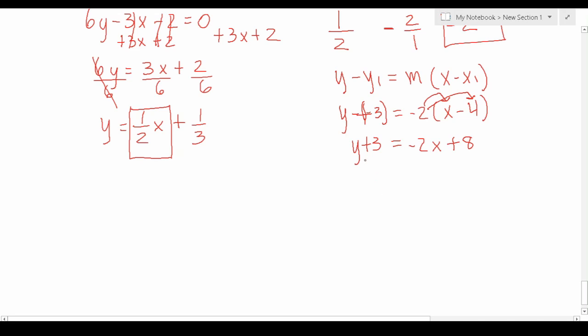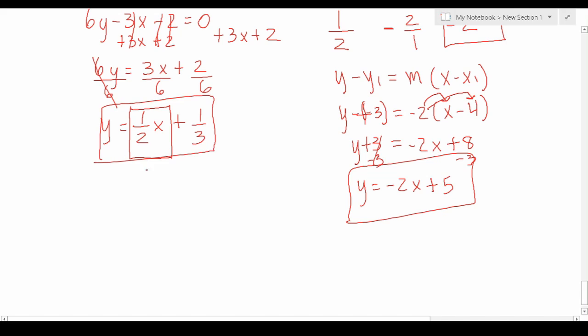And now we're just solving for y, so we're going to subtract 3 from both sides. And that gives us y equals, this crosses out, negative 2x plus 8 minus 3, which is 5. So we have this equation of our line that is perpendicular to this line. And as you can see, their slopes are in fact negative reciprocals of each other.